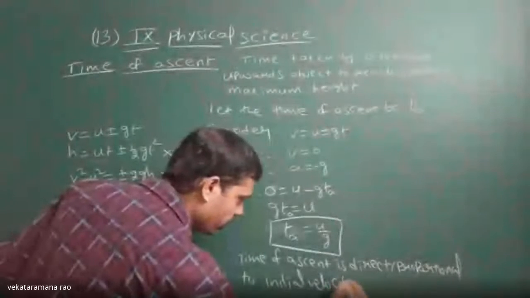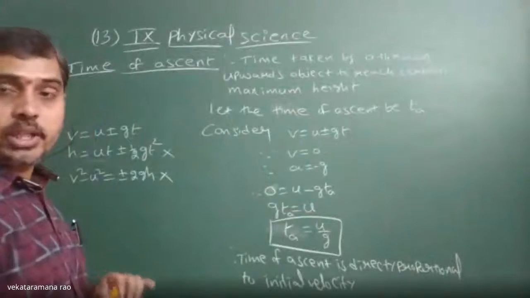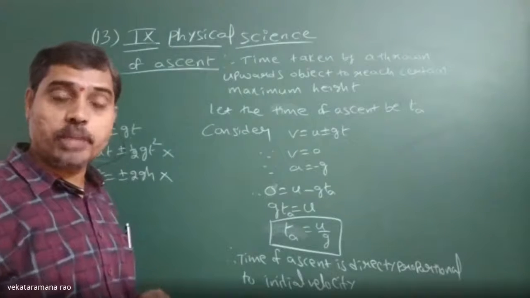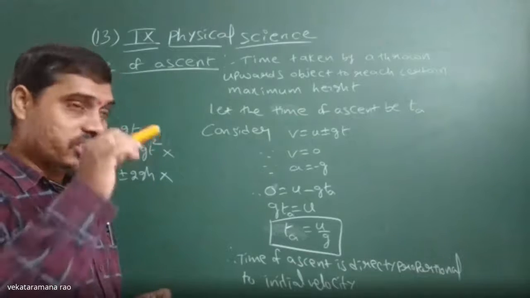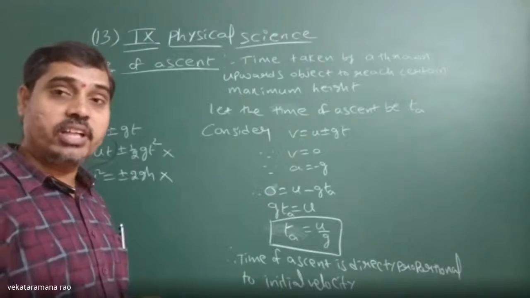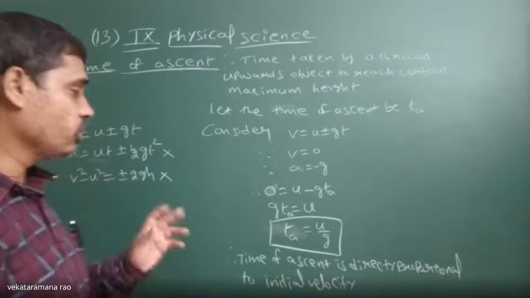What does it mean? If we give a huge initial velocity, the body can reach more maximum height and it will take more time to reach it. If you give less starting velocity, it will take less time to reach maximum height. So please note down.